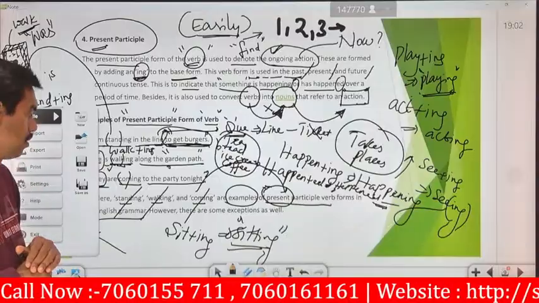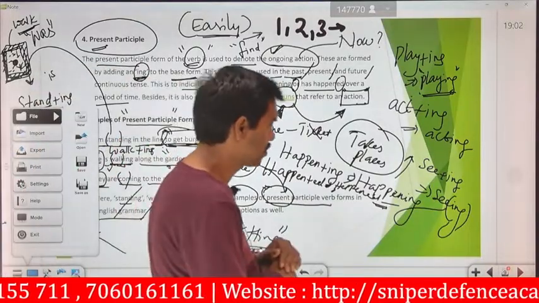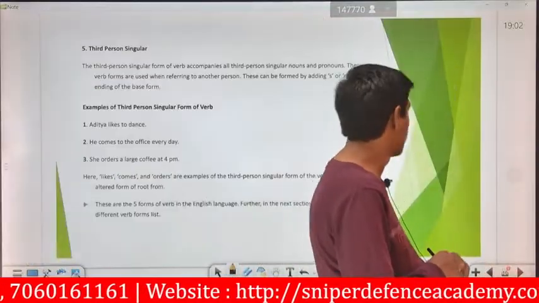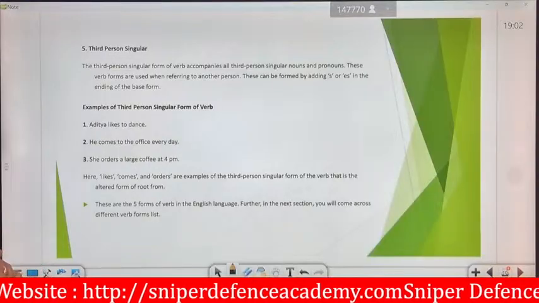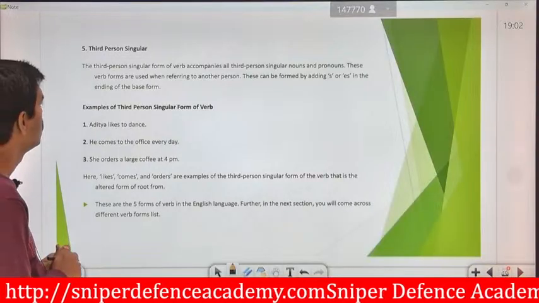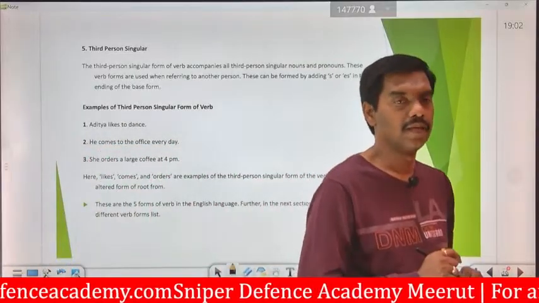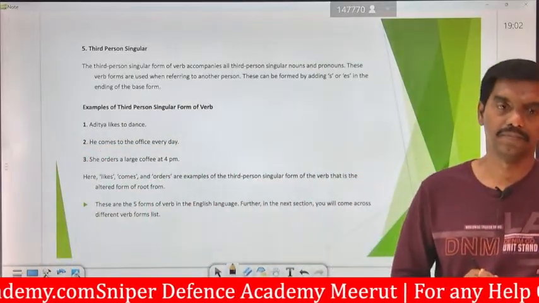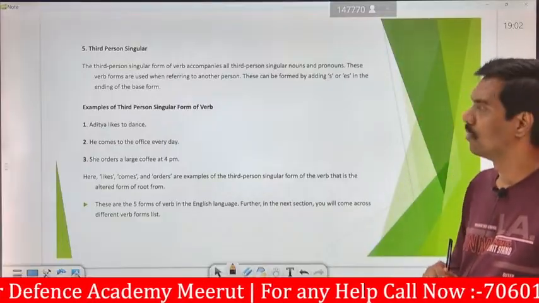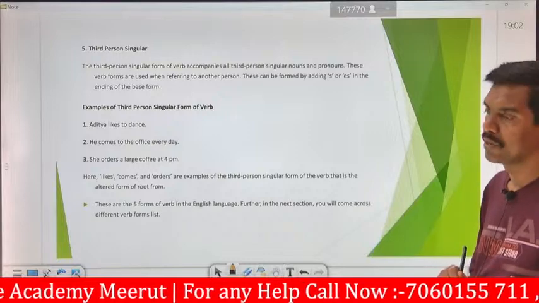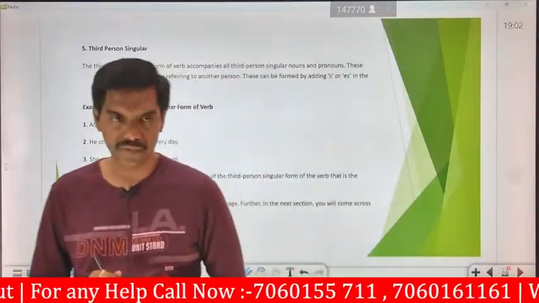Okay. So next we will see some other examples with other verbs. One is said to be the singular. What is this singular? Generally they are saying the third person singular. The third person singular forms of verbs accompany all third person singular nouns and pronouns.